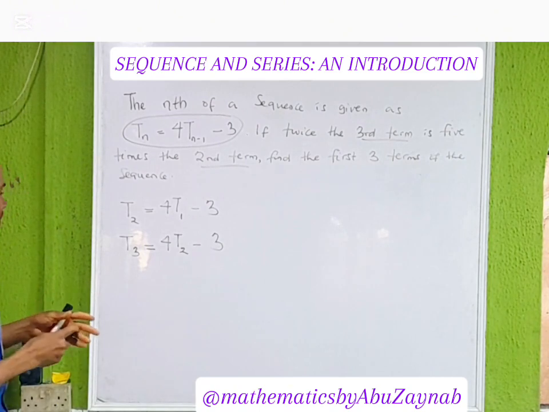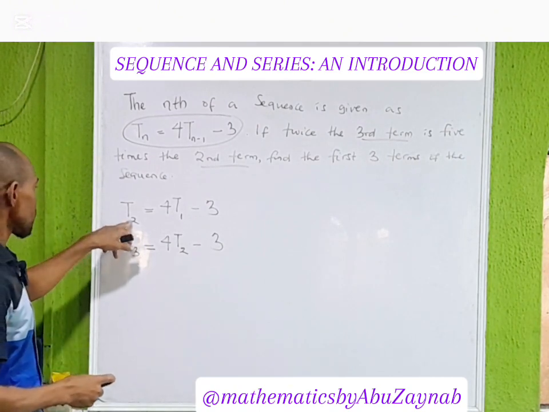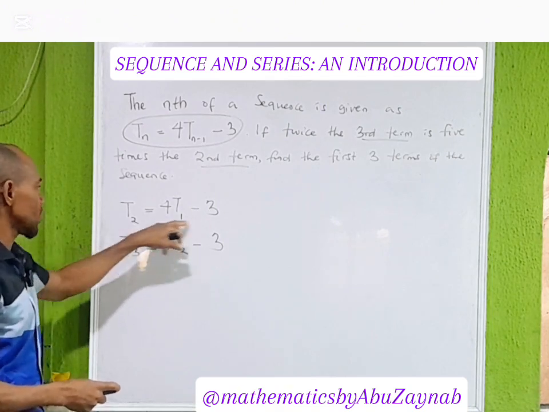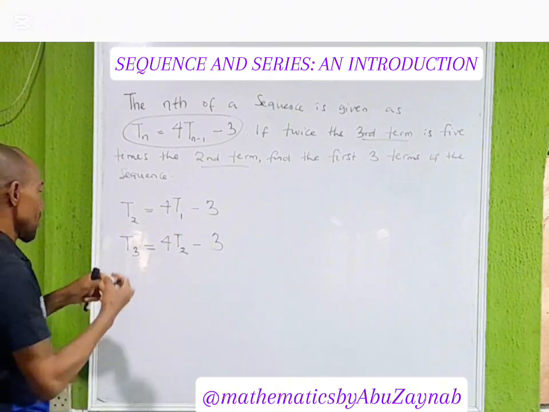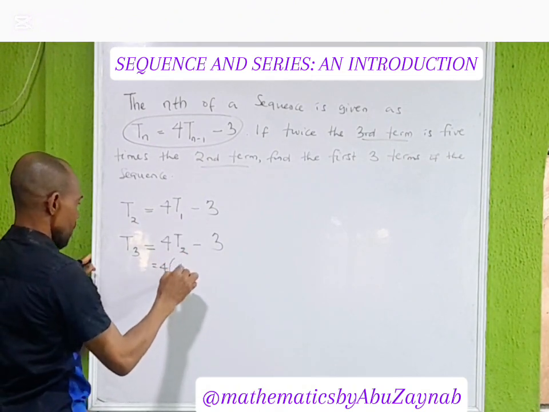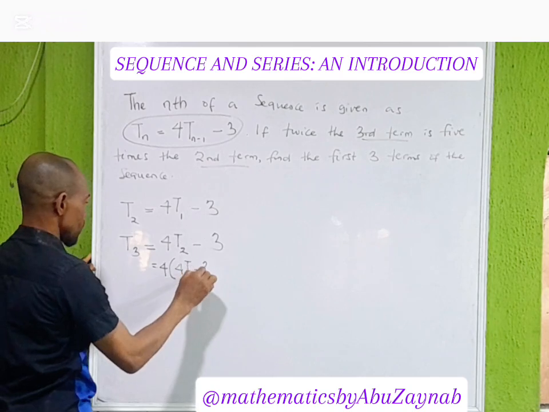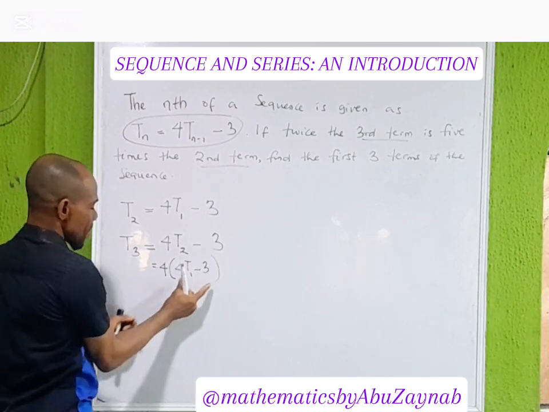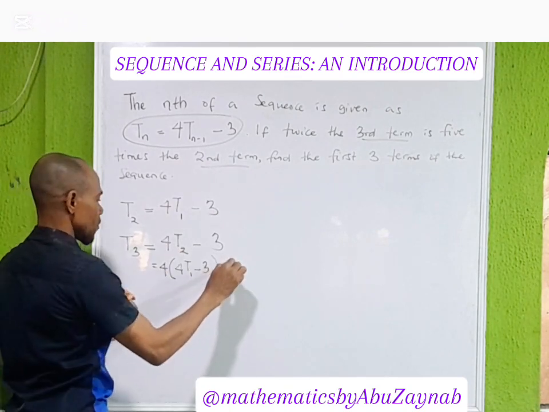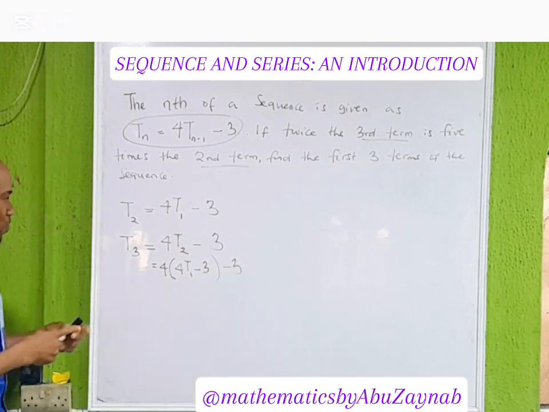And bearing in mind that we got our T2 earlier, we simply substitute the expression for T2 here. So this becomes 4 times T2, which is 4 T1 minus 3, then minus 3. Note the multiplication of 4.